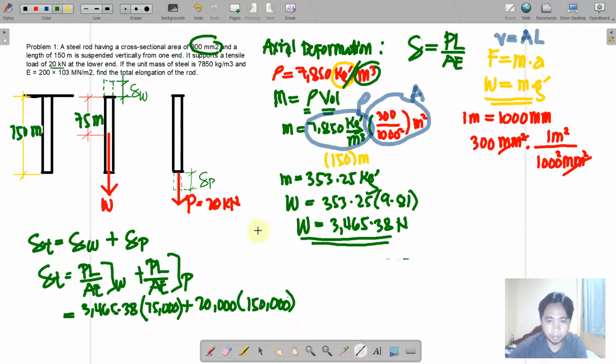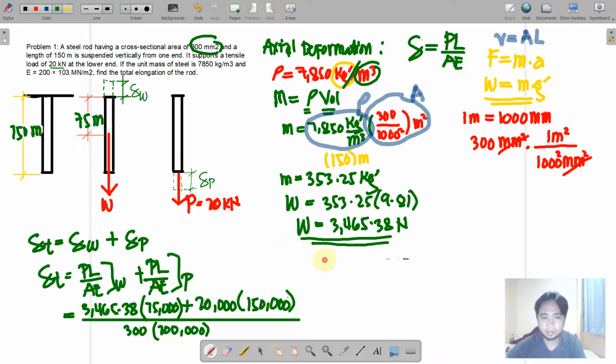So perhaps we can merge the denominator here because it has the same cross-sectional area as well as a homogeneous material all over the entire length. So the area here, we're gonna just place that one. This is 200,000 megapascal.